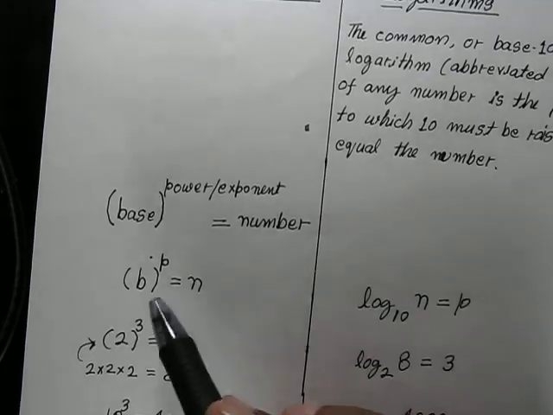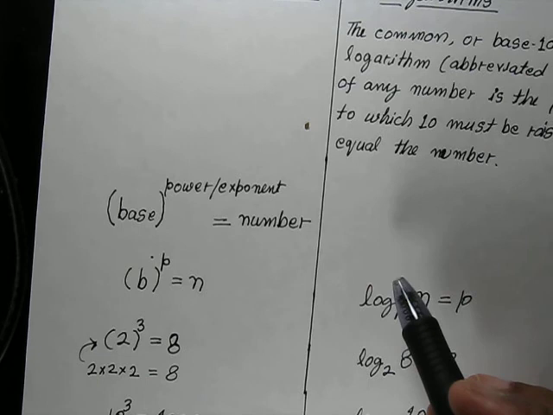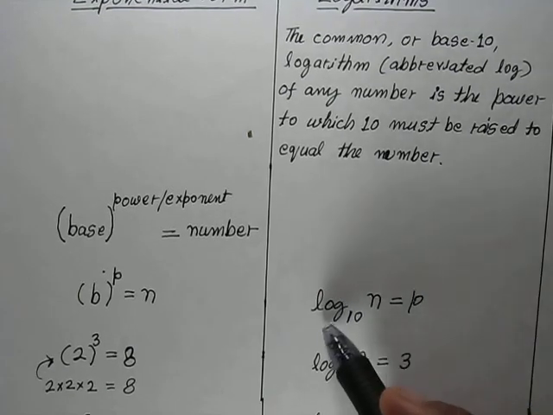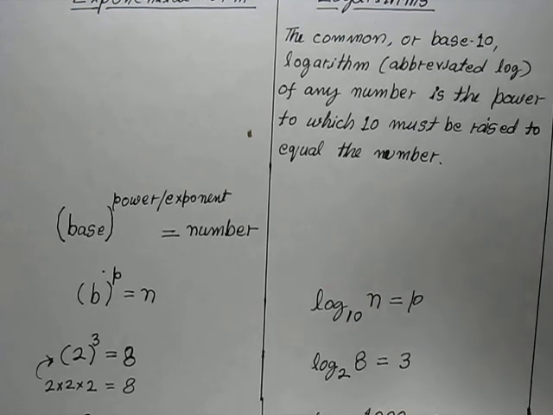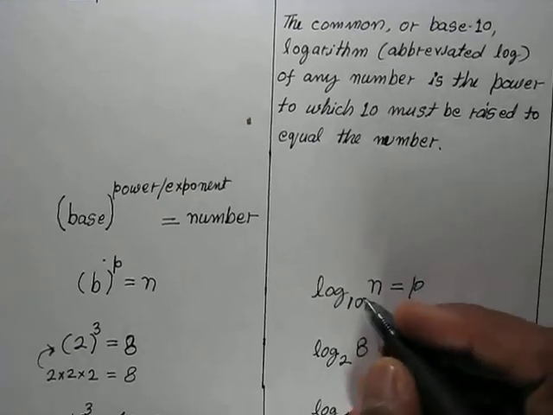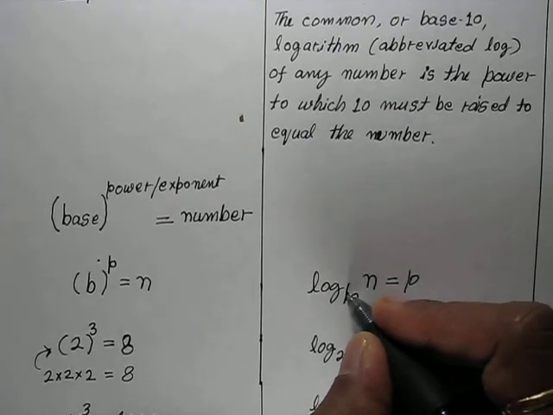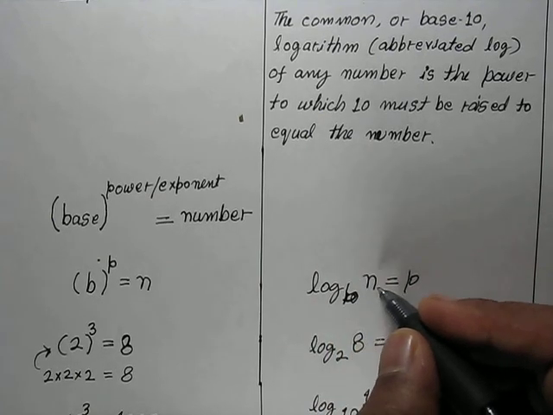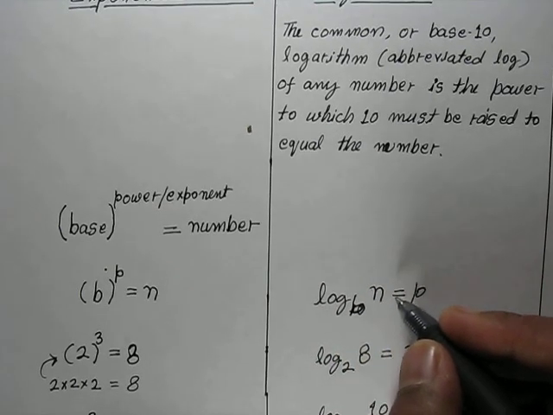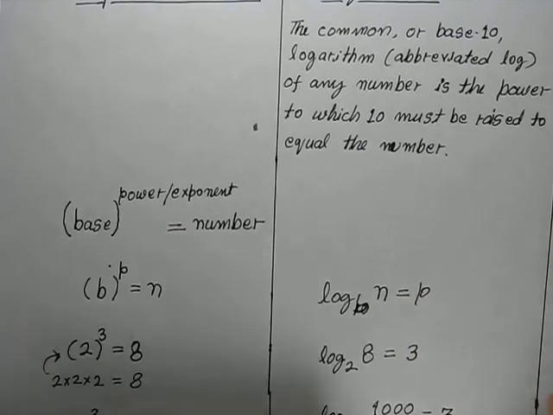When we convert this into logarithm form, we write log with the base, then the number n, equal to p, the power.